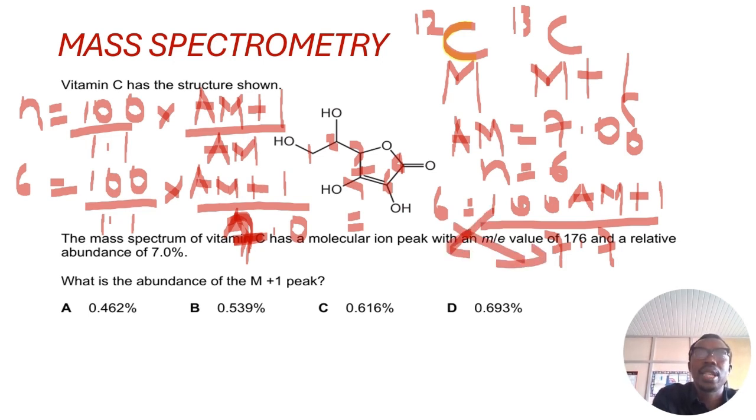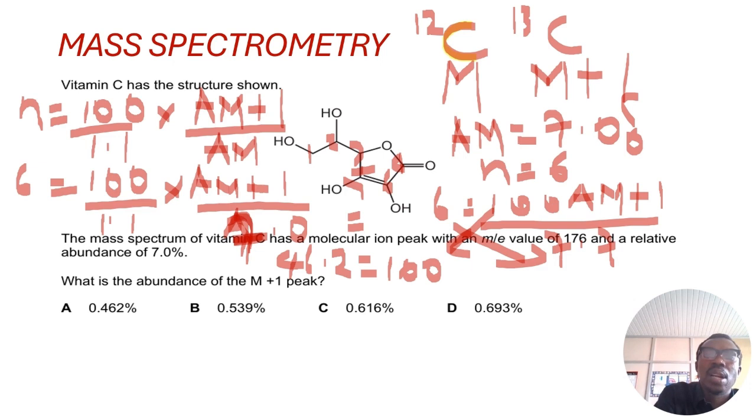We now have 6 times 7.7. Using my calculator, 6 times 7.7 gives 46.2. So you have 46.2 equal to 100 times the molecular ion plus 1.